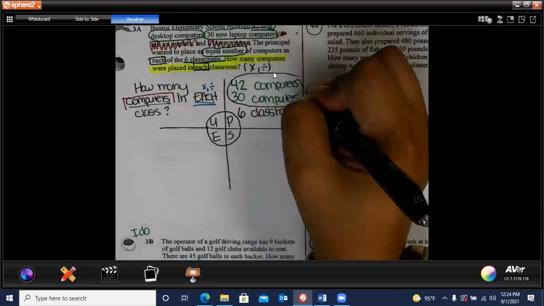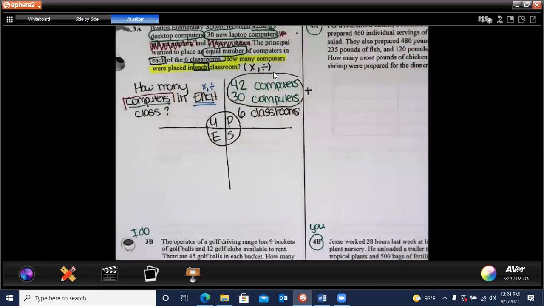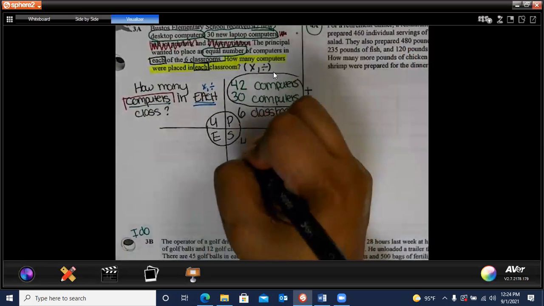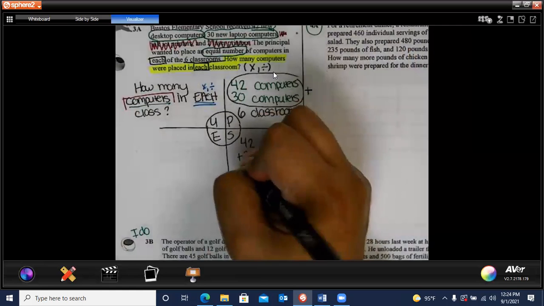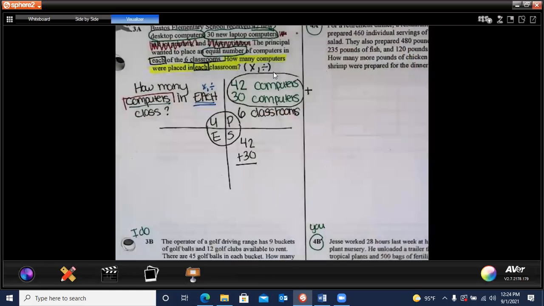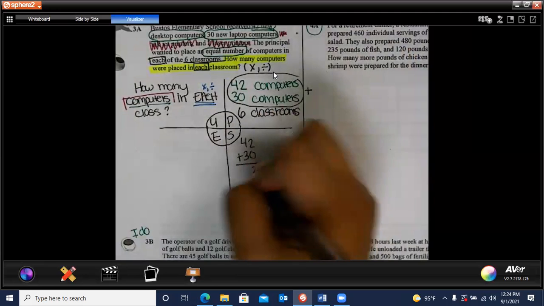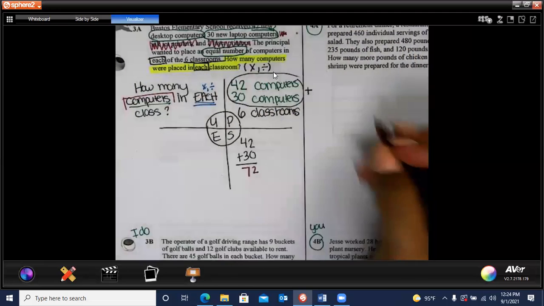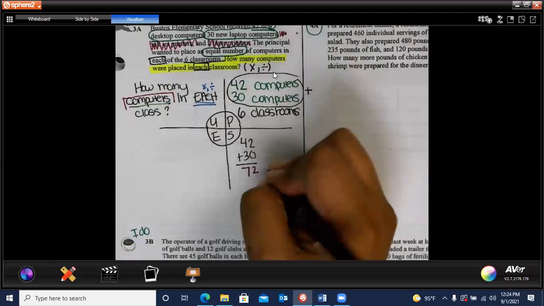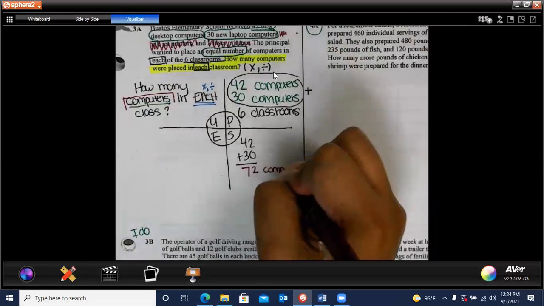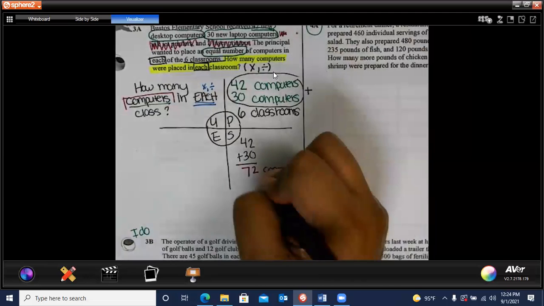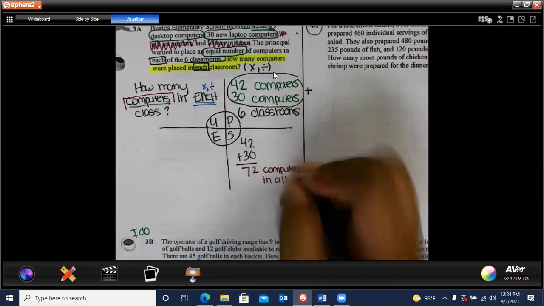First step is that we are going to add, because we have to know how many computers we have total. So we have to add 42 plus 30. What is 42 plus 30? 2, 4, and 3 is 7. So we have 72 computers in all. Do we stop there?